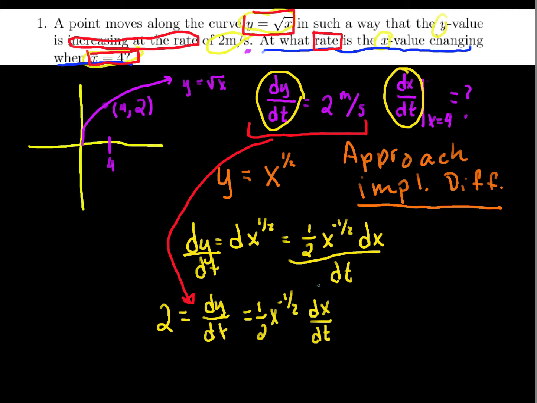And now I can solve for dx/dt in this problem. This tells me that if I multiply both sides by 2 and then divide by x to the negative 1/2, I would get that 4 x to the 1/2 is equal to dx/dt.